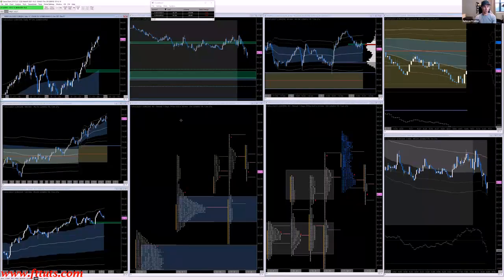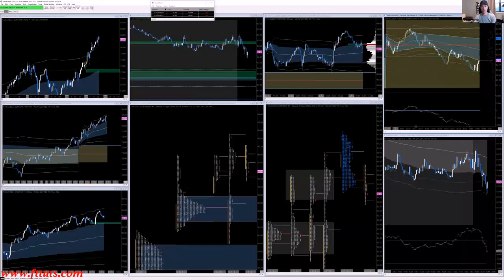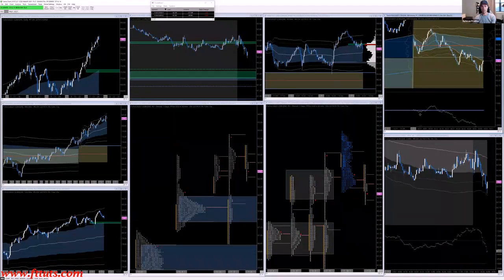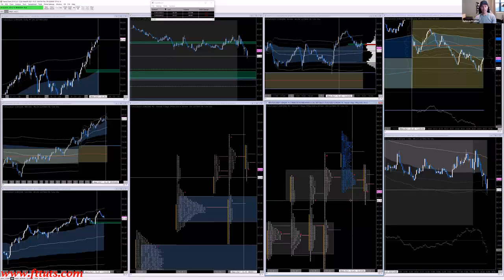Crude has pretty clearly, I guess, at this point, failed to remain imbalanced up on the weekly. So it hasn't gone through what we're calling this lower upper distribution, hasn't broken through the downside of that quite yet.